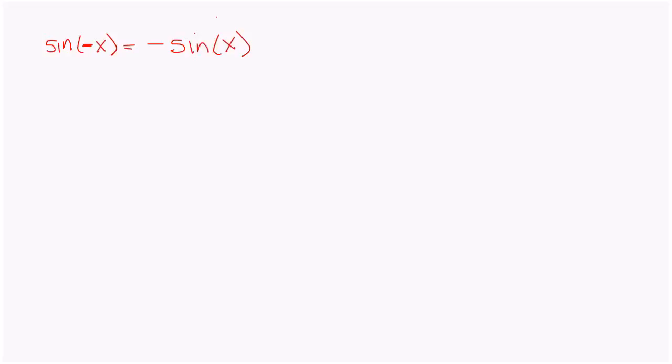If you take the cosine of negative x, that's just equal to the cosine of x. So the cosine of negative pi is the same thing as the cosine of pi. So I would keep those in mind as well.